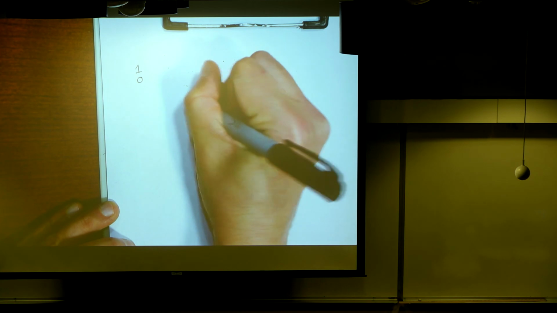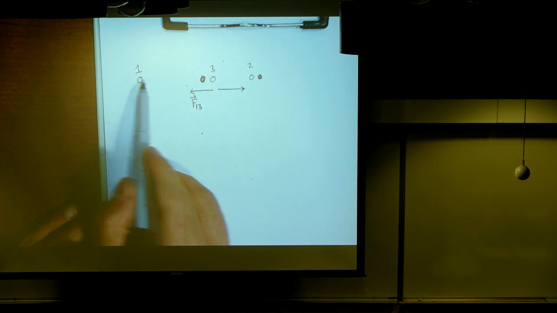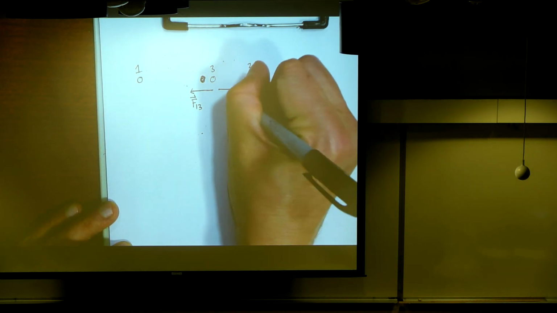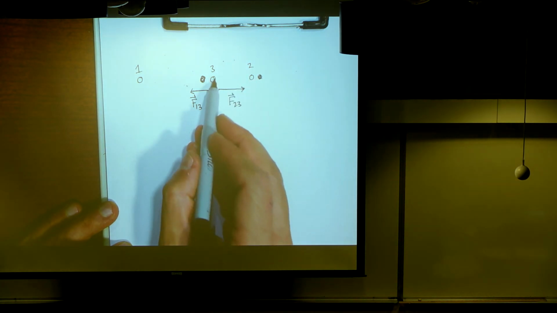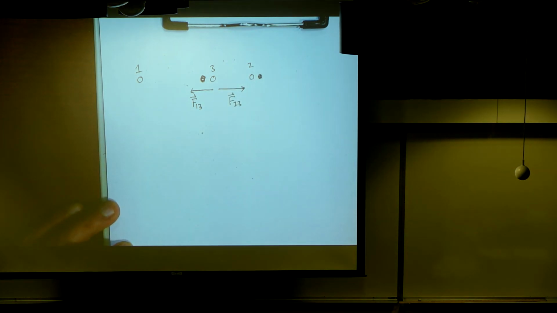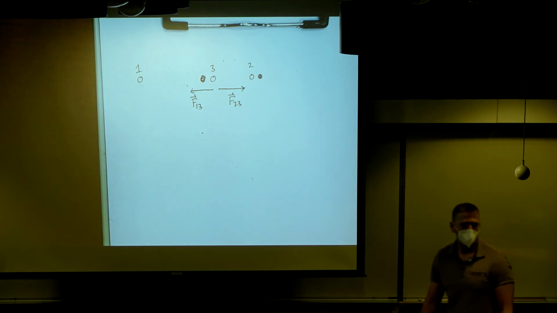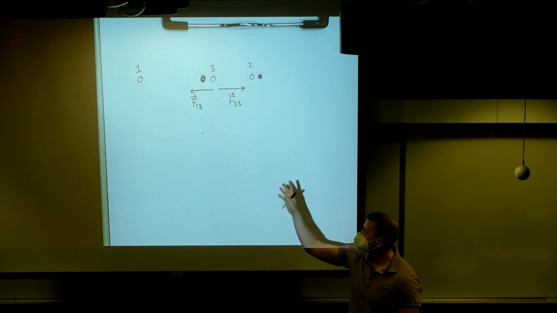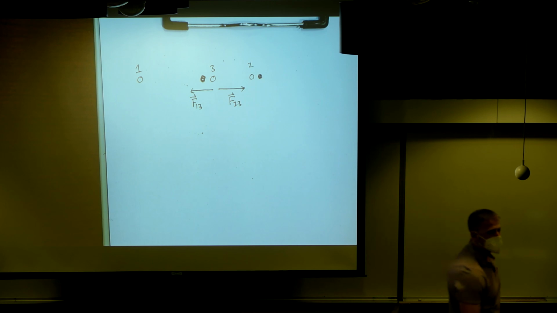We're going to have F13, that's the force that number 1 is exerting on number 3. We have F23, that's the force that number 2 over here is exerting on number 3 over here. And they're both attractive forces, right? That's the way gravity works. It's always attractive. So if you're ever not sure what the direction should be, just remember it's an attractive force that tells you the direction.